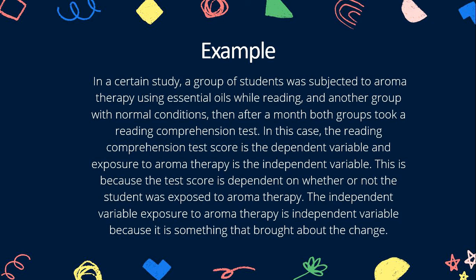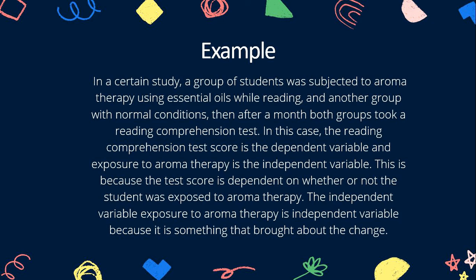In this case, the reading comprehension test score is the dependent variable. Okay, why? Because this will be the outcome. Anong kakalabasan sa comprehension test score nila? And exposure to aromatherapy is the independent variable.